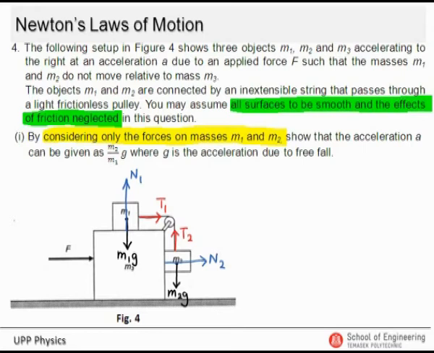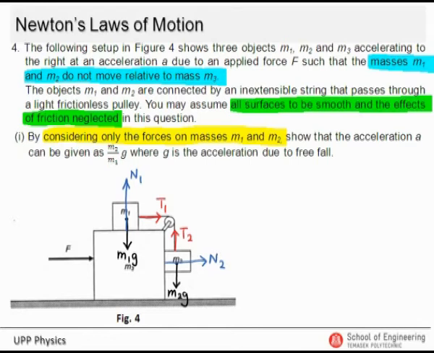Because the question has already stated that masses M1, M2 do not move relative to mass M3. So, from this statement, we can conclude that N1 is equal to M1g and T2 must be equal to M2g.